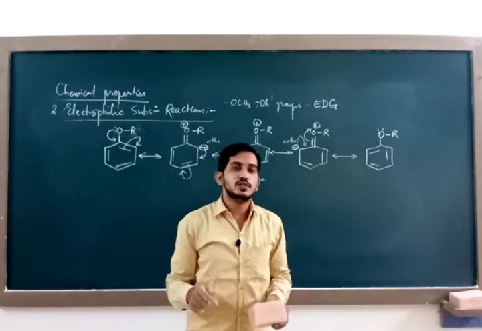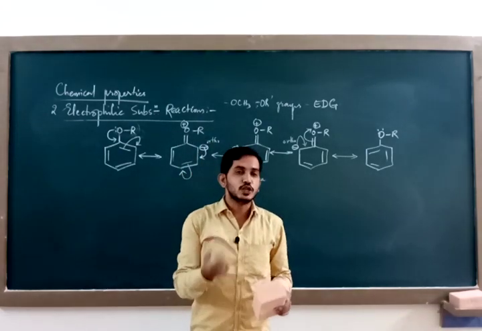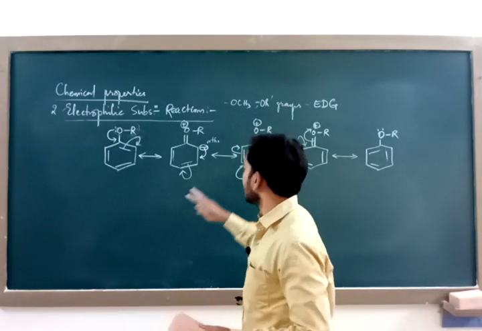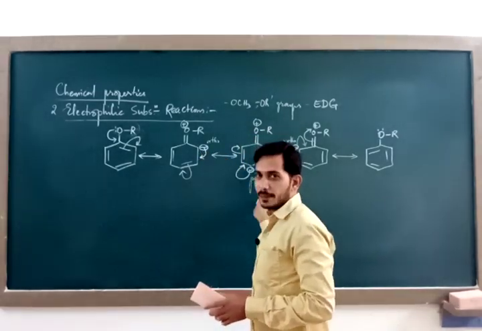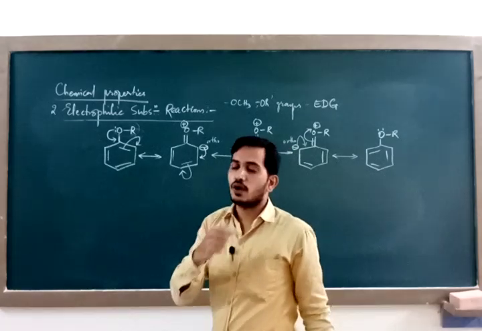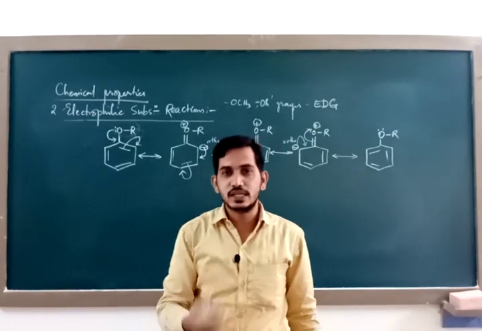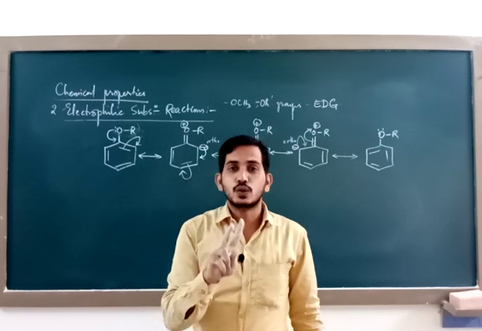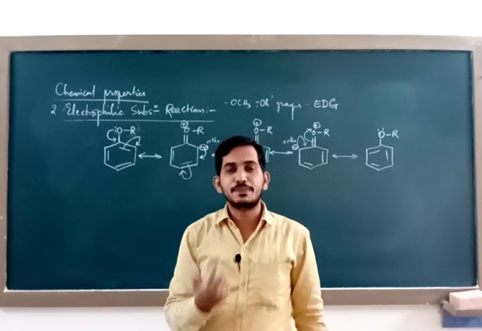Now when it undergoes electrophilic substitution reaction, what should be the products formed? The incoming electrophile can attack which two places? It can attack either ortho position or para position. Therefore in all the subsequent reactions that you will study, wherein the products are two, one is an ortho product, the other is para product.